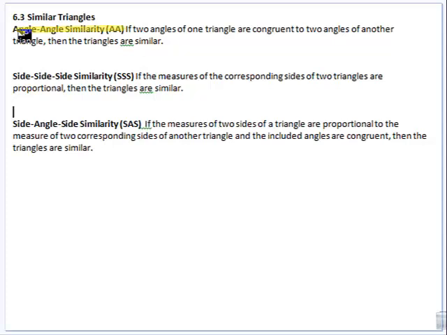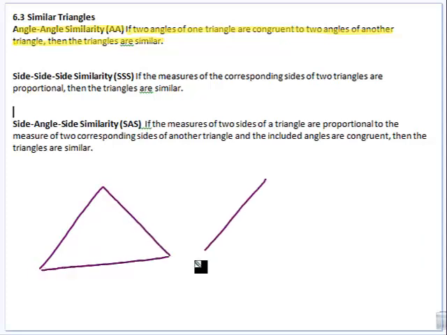If we have angle-angle similarity, that means we have two triangles where we know two angles are the same measurement. So if two angles of one triangle are congruent to two angles of another, then the two triangles are similar. For example, here are my two triangles.